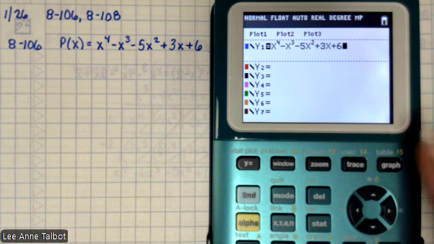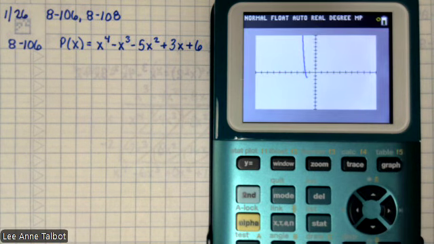I want you to look at the graph. Okay, so first of all, are there 4 directions? Yeah. How many roots are real? Okay, let me ask you this a different way. How many times does it cross the x-axis? 4. Okay, so 4 real roots, 4 degree 4, 4 directions, that makes sense.